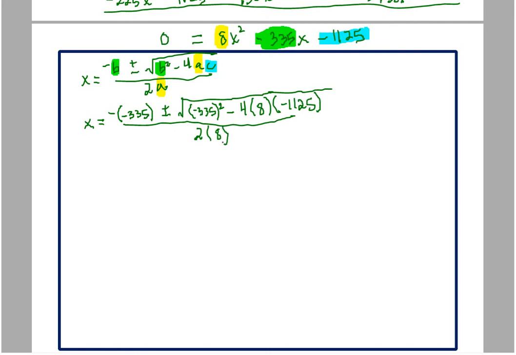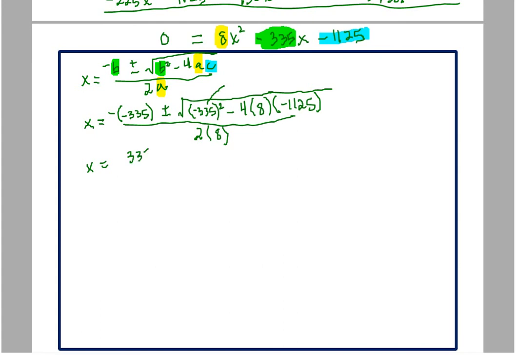Now let's do order of operations. So I'm going to do this square here first. Negative 335 squared. That's negative 335 times negative 335, which is quite large. I'm also going to do this negative 335. The double negative just gives you positive.